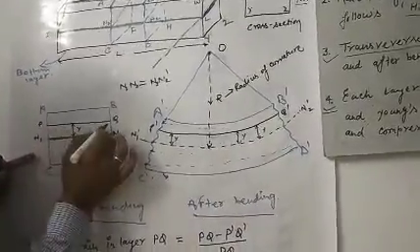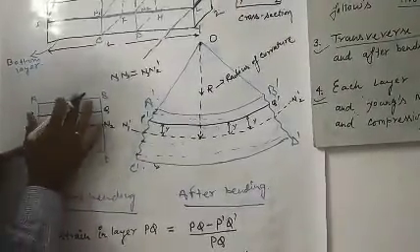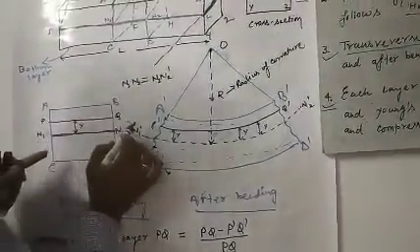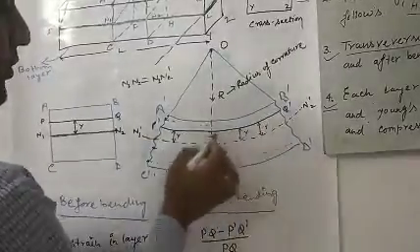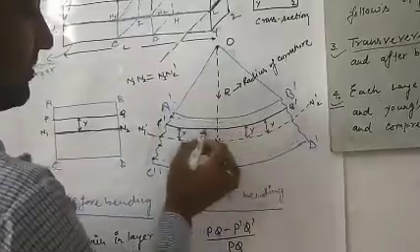Then PQ is in the compression side. PQ is where? PQ is in the compression side of the beam. Then PQ is compressed into P dash Q dash.